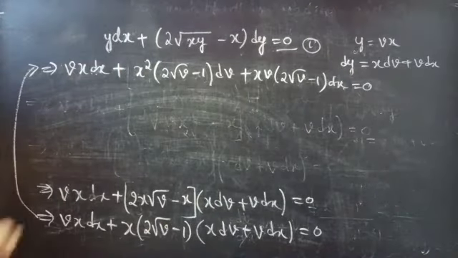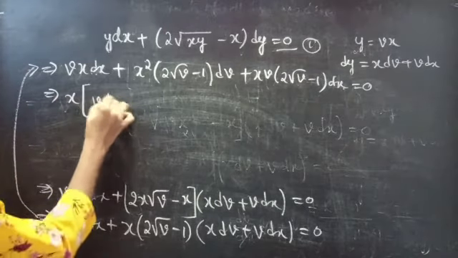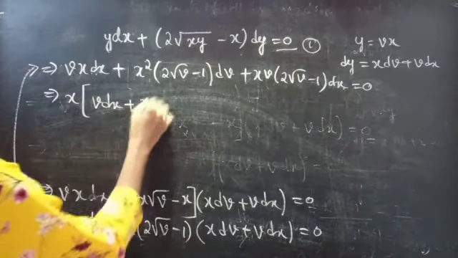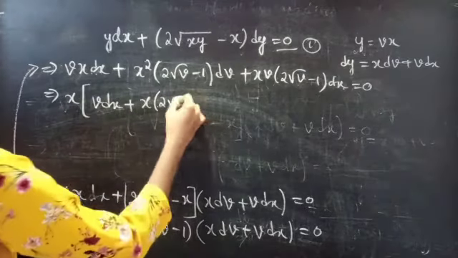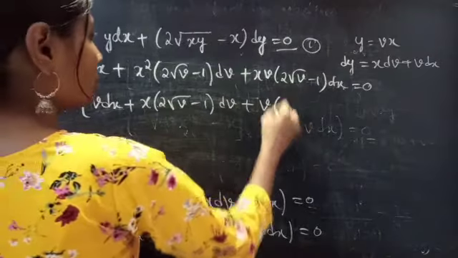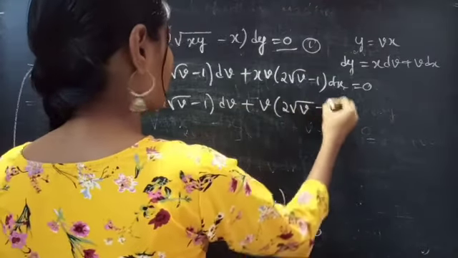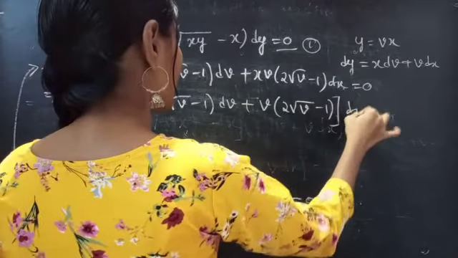Now take x common from all the terms. Then you'll get x times v dx plus x into 2 root v minus 1 into dv plus v times 2 root v minus 1 dx equals to 0.